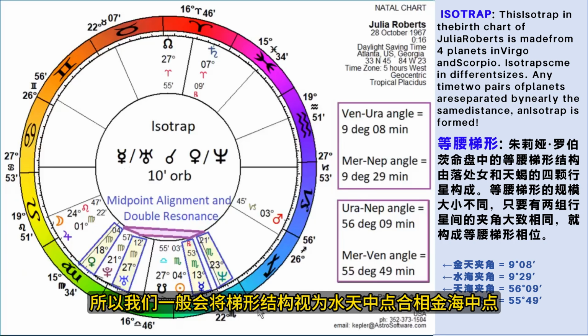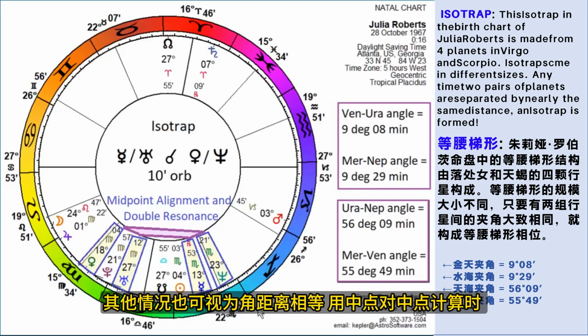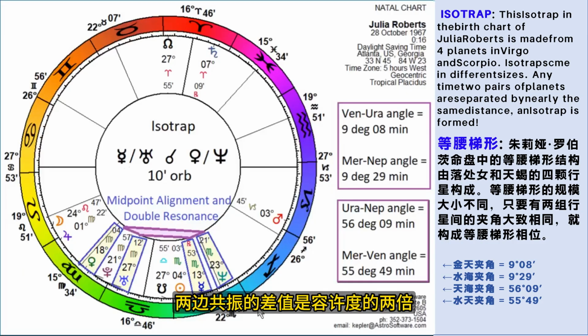So we often look at this as a Mercury-Uranus midpoint conjunct the Venus-Neptune midpoint. There are other situations where we'll look at it as the angular distances being the same. But when you're looking at it as midpoint to midpoint, keep in mind that the difference between the resonance, these two sides, is twice as big.